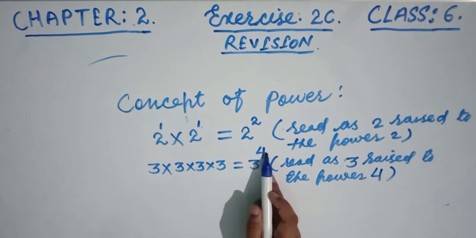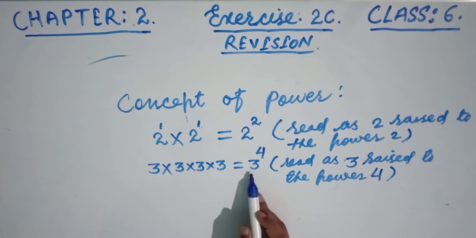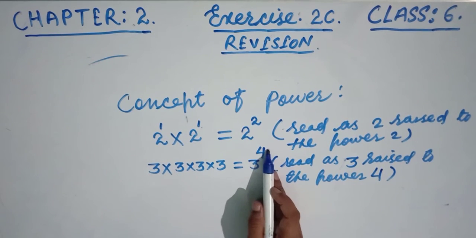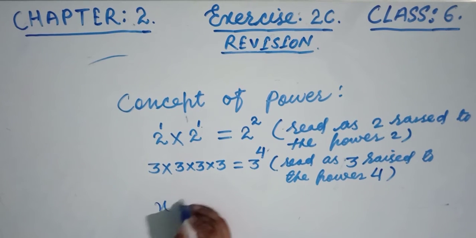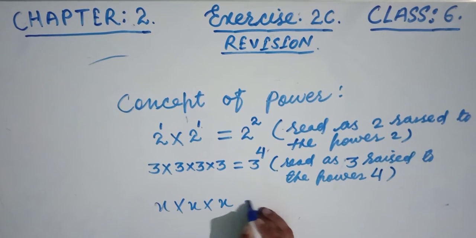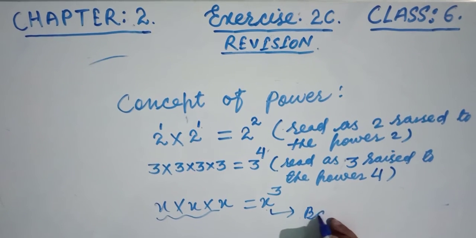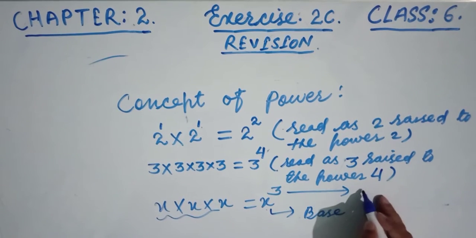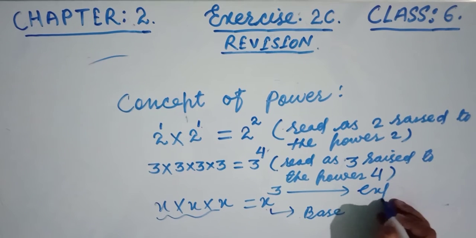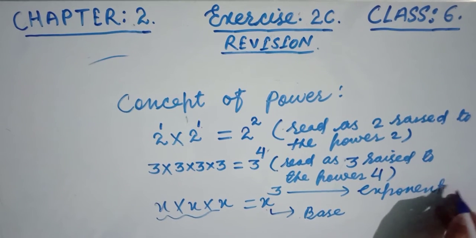3 raised to the power 4, this is the exponent. You can also call it an exponent, okay. And suppose x multiplied by x multiplied by x, 3 times. So how many x? 3x. So 3 is over here, 3 is over its head, and x is called the base. Here the x, friends, is the base, and this 3 is called the exponent or power.